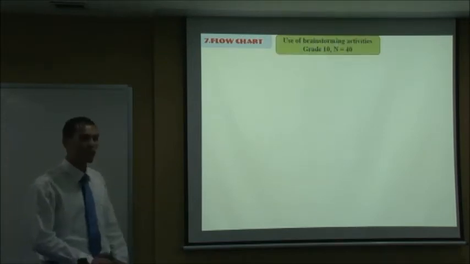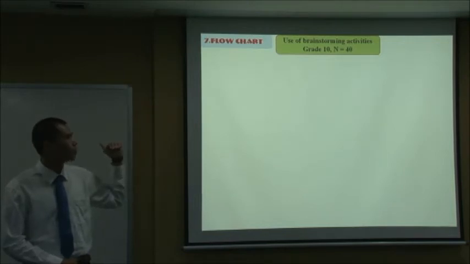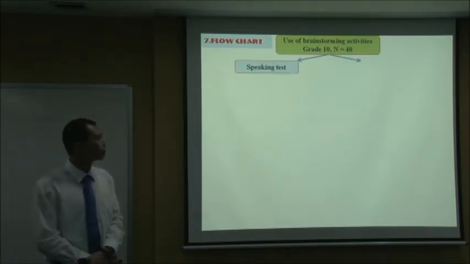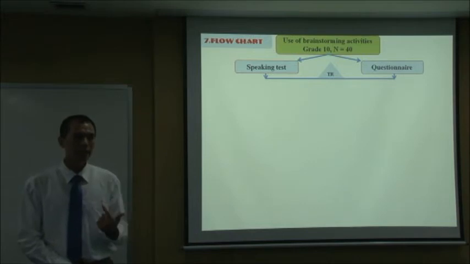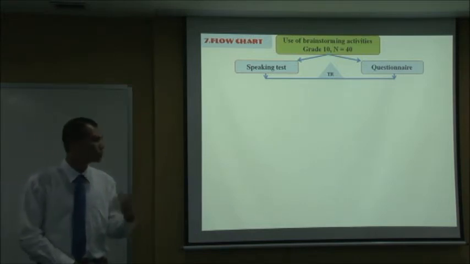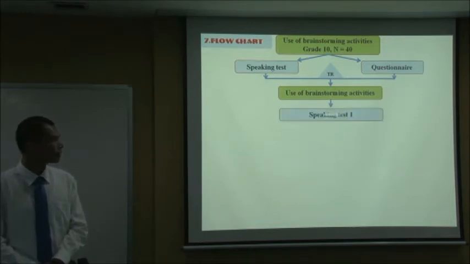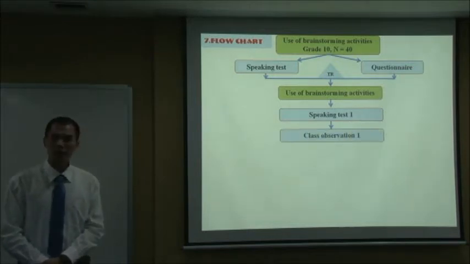How about the flow chart? I use steps. First, I do my action, brainstorming, with grade 10. The sample size is 40. I do the speaking test and questionnaire. Only one teacher, me, conducts this research. In the first step, I do the brainstorming activity, speaking test 1 and class observation 1.